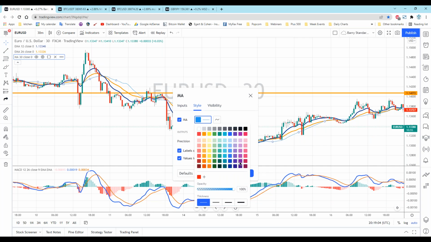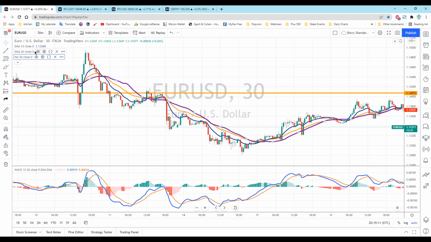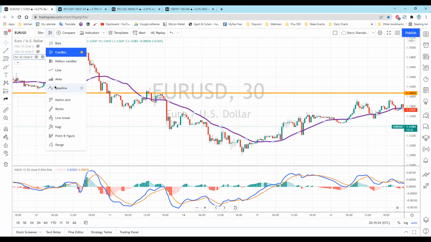Let's do purple, and we'll make it a very broad line for right now. And let's turn off this other mess I have on my charts here. Okay. So this purple line going across the, actually, let's change this to a bar chart.